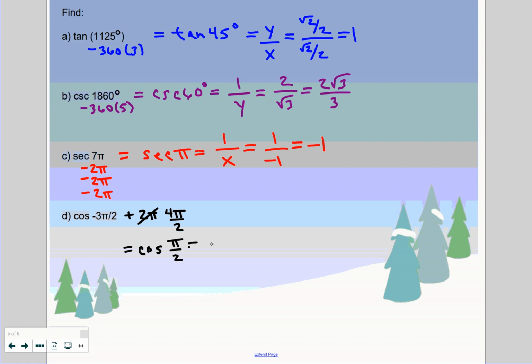On my unit circle, cosine is my x-coordinate, so that's what we're looking for now. What is the x-coordinate at pi over 2? Pi over 2 is just 1 unit up. It's 90 degrees. If I go 1 unit up, what's my x-coordinate? And that is 0.